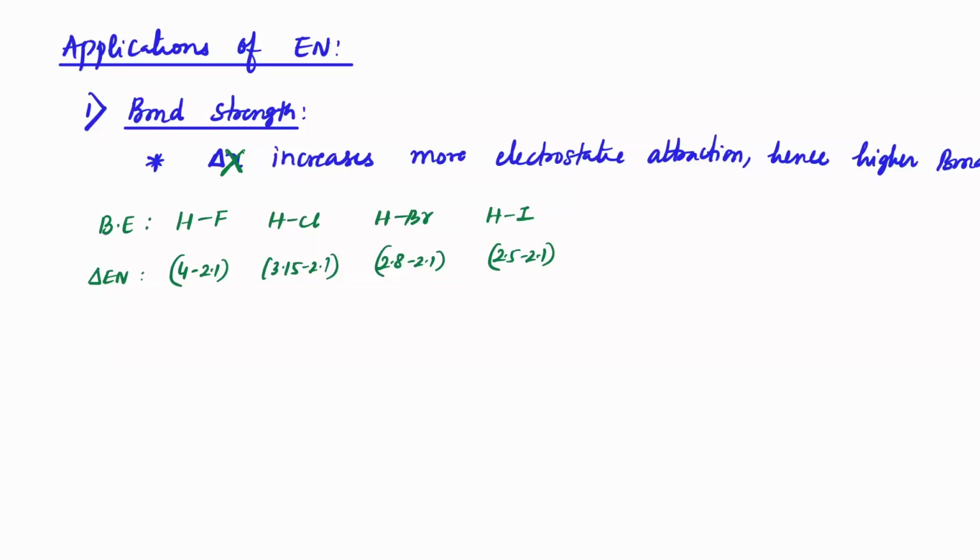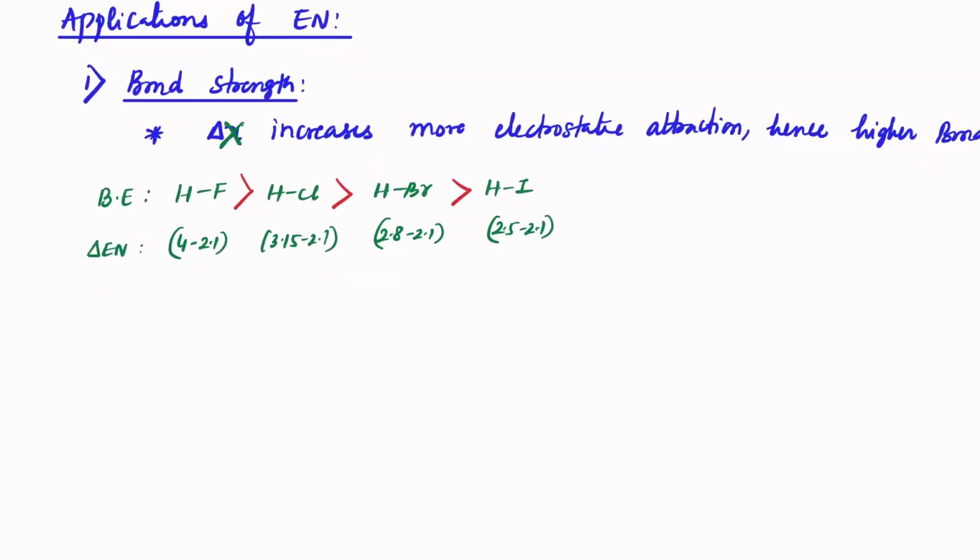Hence, when it comes to bond energy, this is the order that we need to follow. This is the bond energy order. Okay. Similarly, if it comes to bond energy, you are comparing that with a C double bond C versus a C double bond N, okay, versus a C double bond O.